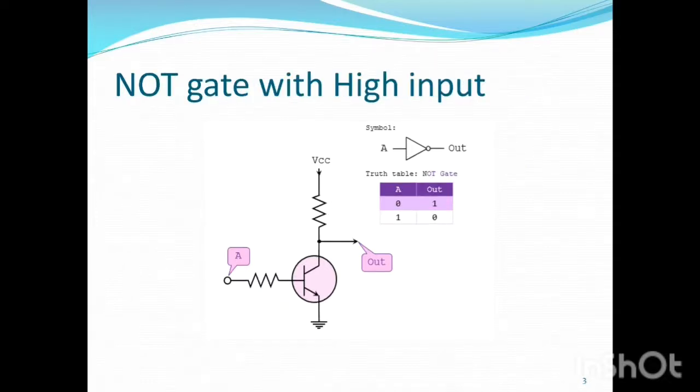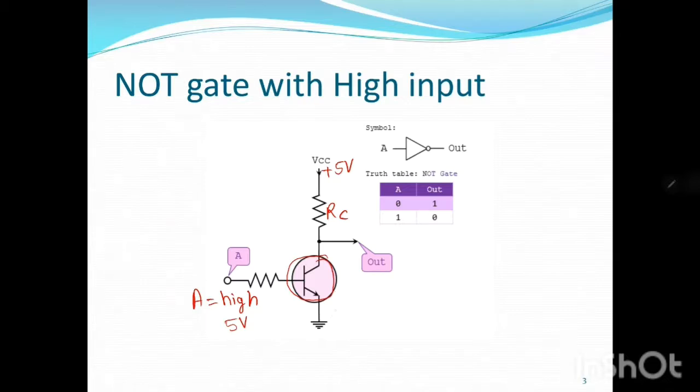Suppose your input is high, means here A is equal to high, means some voltage, suppose 5 volts is applied over here. Your VCC is again 5 volts. Then when you apply 5 volts to the input terminal, the transistor gets enough base voltage and therefore the transistor is turned on.